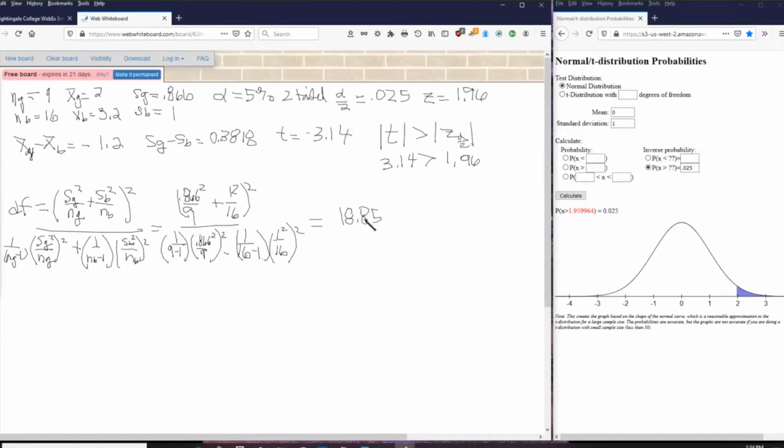Okay, so now we're going to use the online calculator. We're going to do the t-distribution with 18.85 degrees of freedom. The mean is going to be 0. Standard deviation is going to be 1. And then we're going to find the probability that x is going to be less than our t-score, which was minus 3.14.